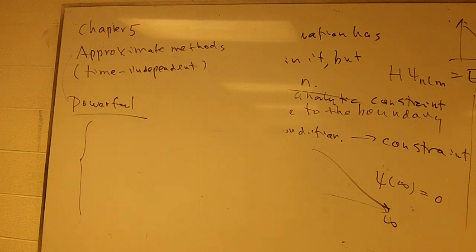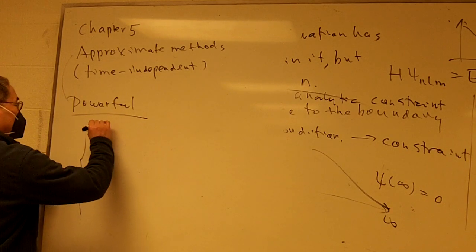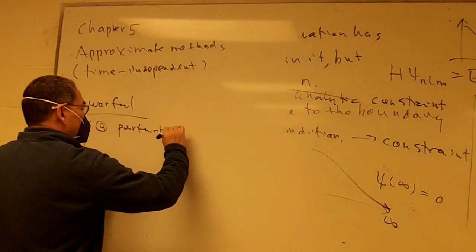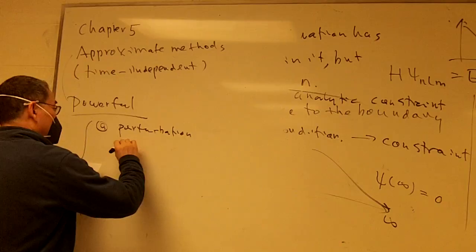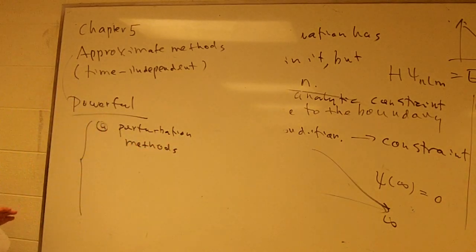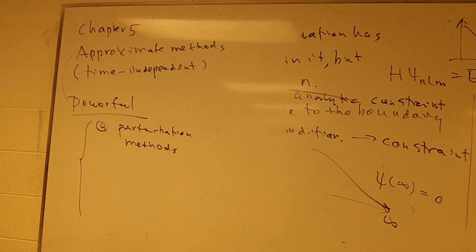In our class, we will cover 2 main methods. The first main method is called the perturbation method, which means perturbatively making things a little bit better and better, so you can improve upon that.